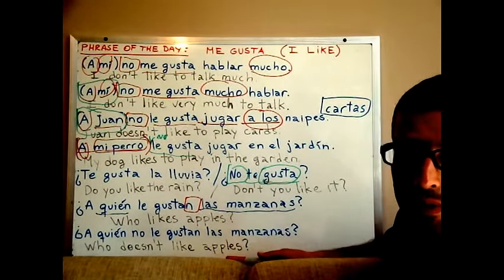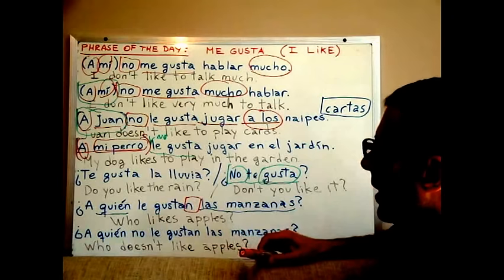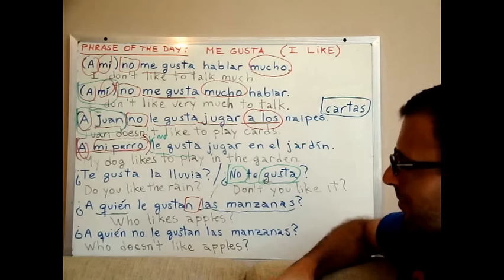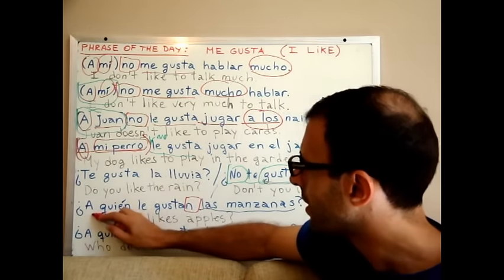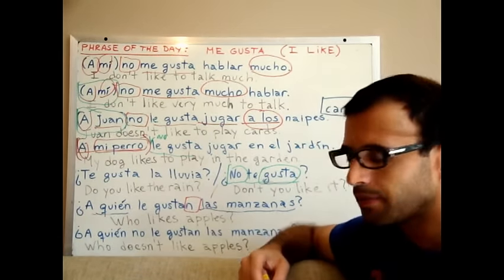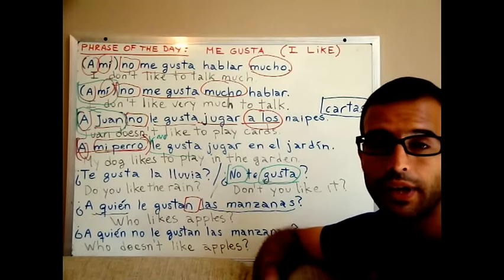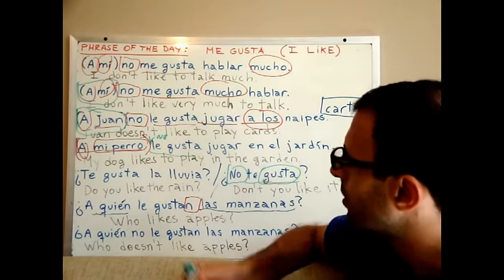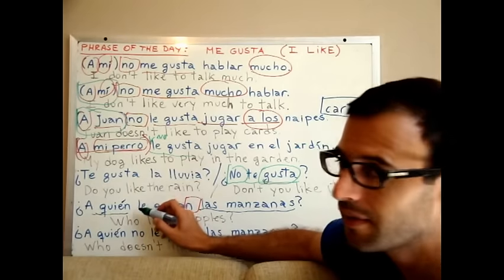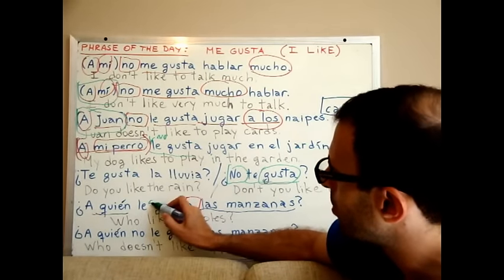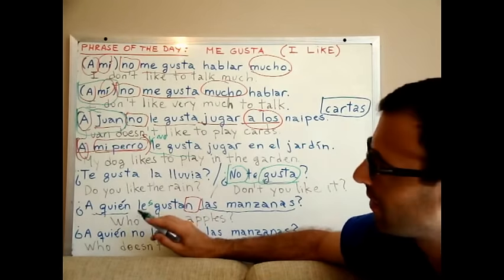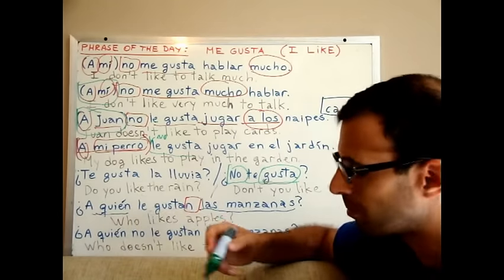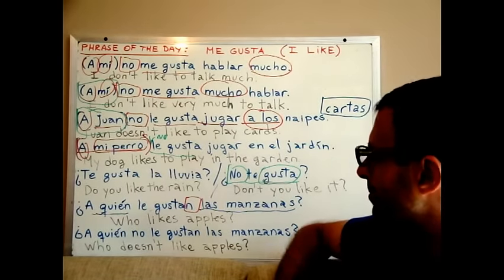Who likes apples? Okay? Here, since quién is singular, right? Although quién can refer to plural, quién is a singular word, then le is singular. If it were plural, it would add an s, les. But in this case, it is singular.